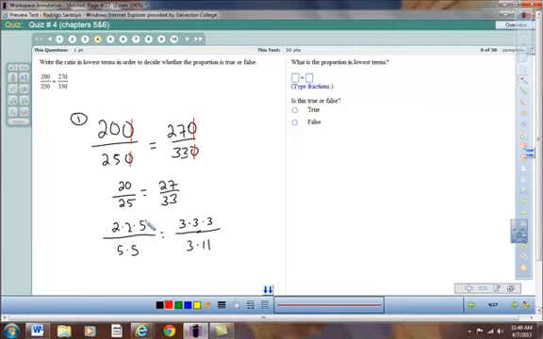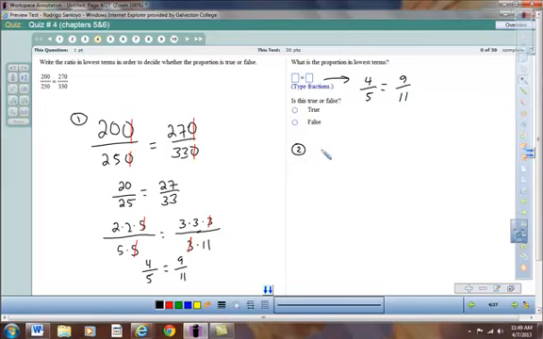Once again, we just start canceling. 5 on top, 5 on bottom. 3 on the top, 3 on the bottom. This over here gives us a solution of 4 over 5. This over here gives us a solution of 9 over 11. So that would be our answer for this first part: 4 over 5 and 9 over 11.